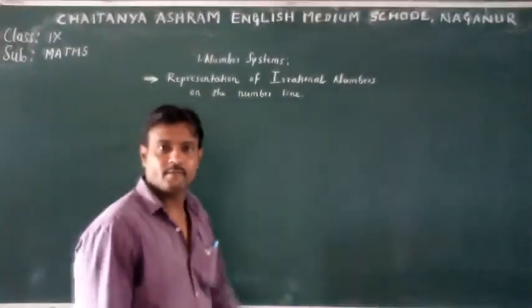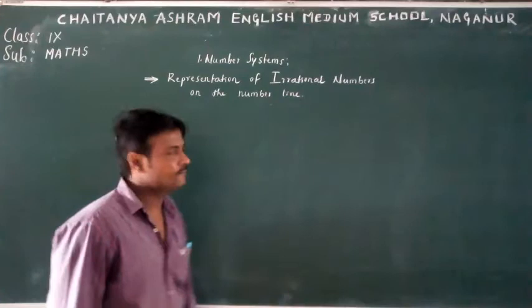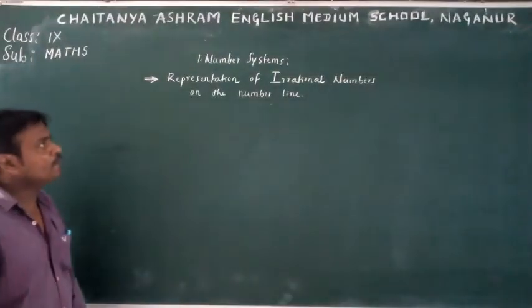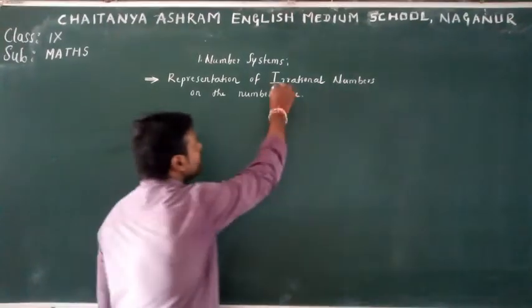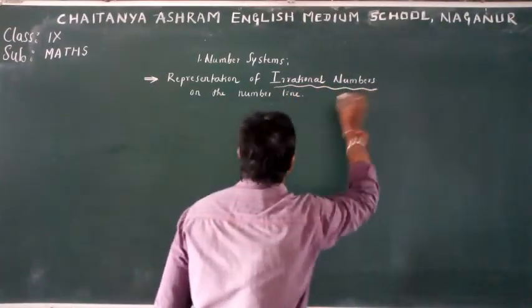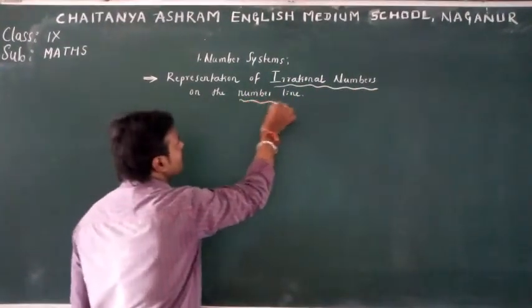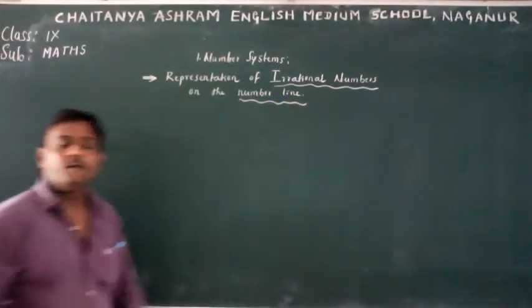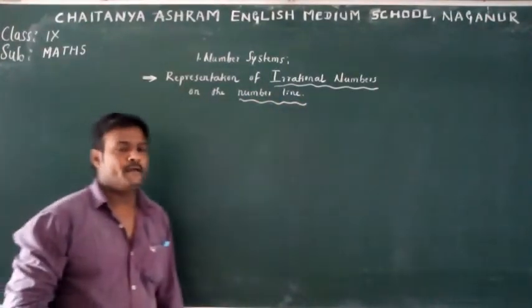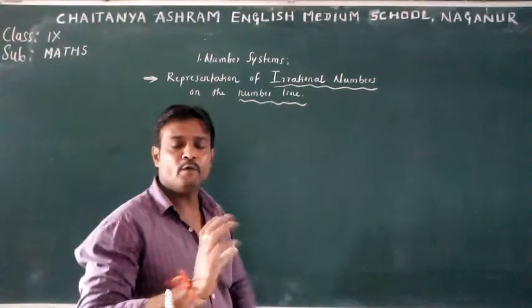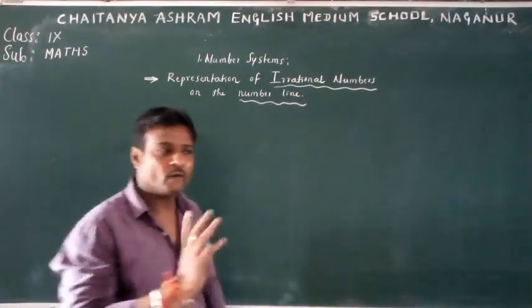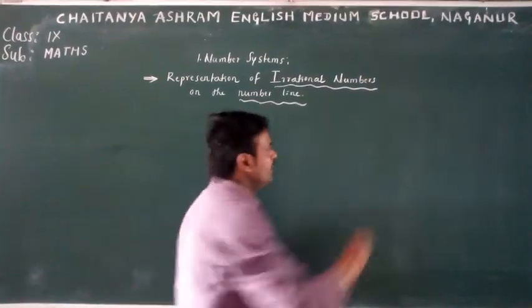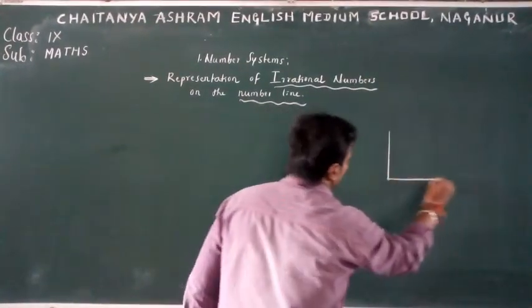line. Very interesting. Before going to represent irrational numbers on the number line, here we use one concept that is related to right angled triangle.